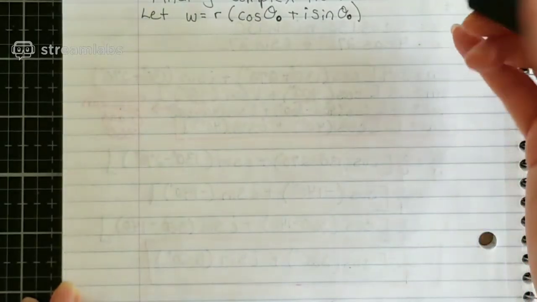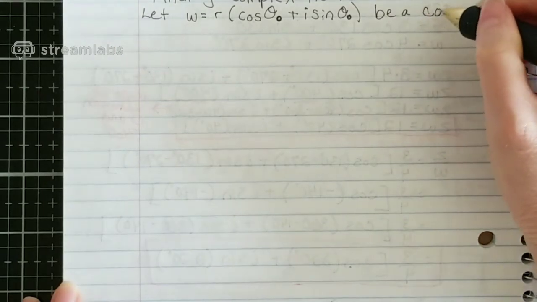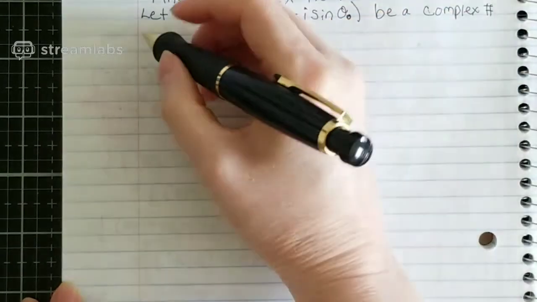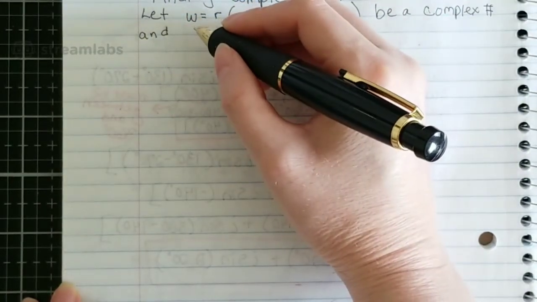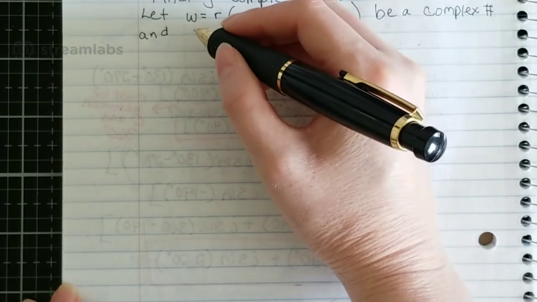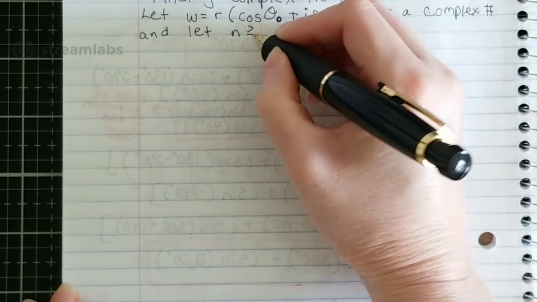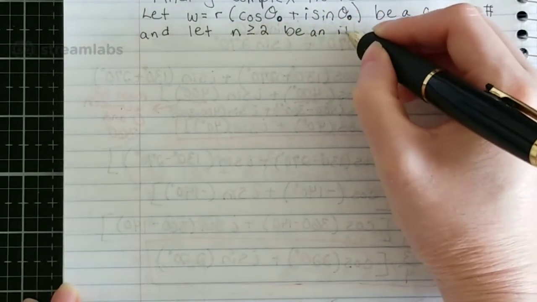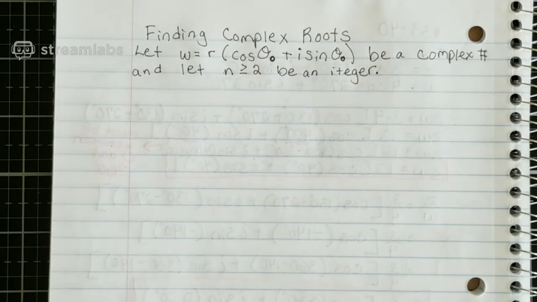That's going to be a complex number, and let n be greater than or equal to 2, an integer. Okay, I'll give you guys a second to write that all down so we can see it.